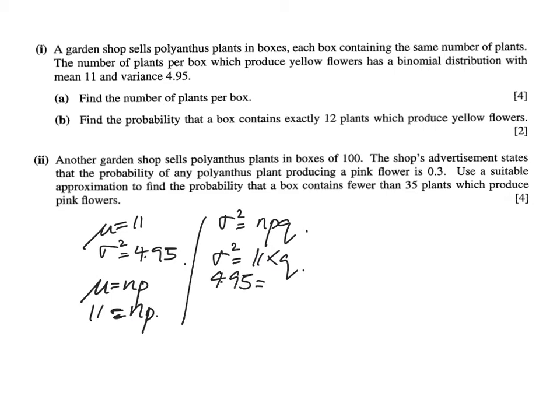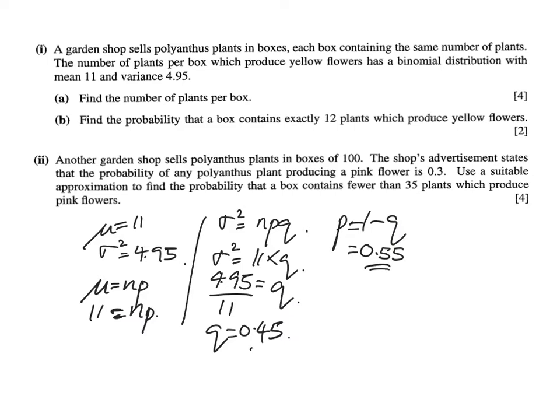So we divide 4.95 by 11, and that's q. Use your calculator: 4.95 divided by 11 is 0.45. So q equals 0.45. If q equals 0.45, then p equals 1 minus q, which is 0.55. So we have those values.